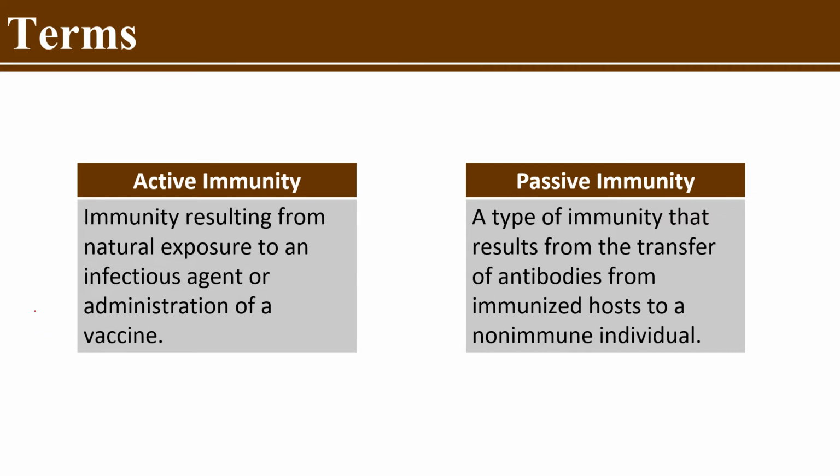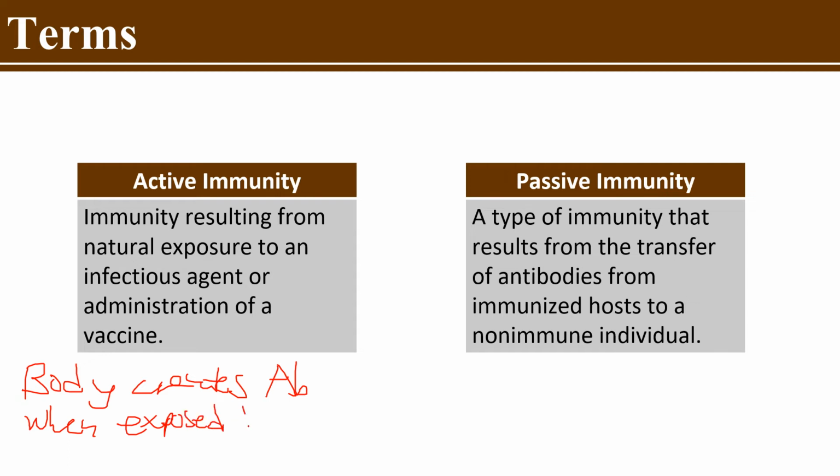Now, in active immunity class, your body creates antibodies when exposed to foreign particles such as bacteria, viruses, fungi, and in some cases, it can also be done by exposing through vaccines.